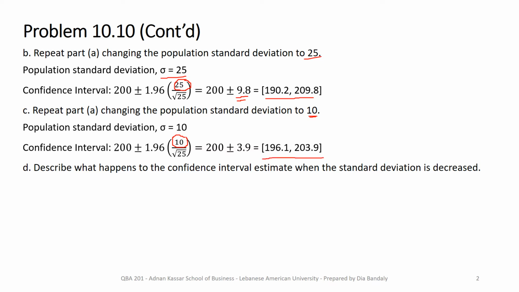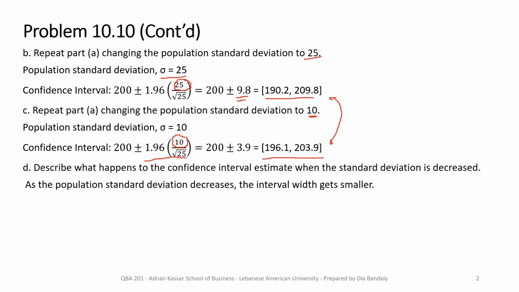So what was happening from part A to part B to part C is that sigma was decreasing, meaning that the whole margin here is decreasing, which means the width is decreasing. And look at this, you can easily compare these two. You can see that as sigma decreases, the confidence interval width gets smaller, which is much better information for the managers.